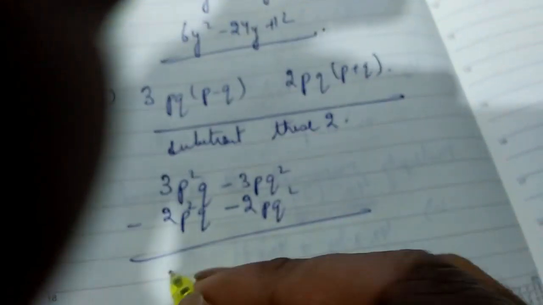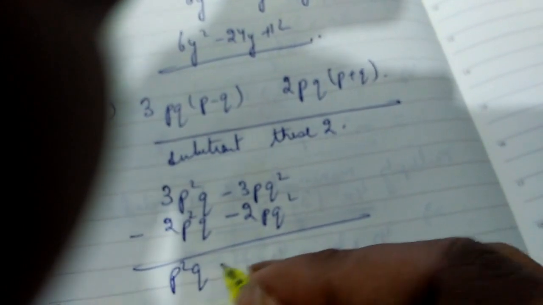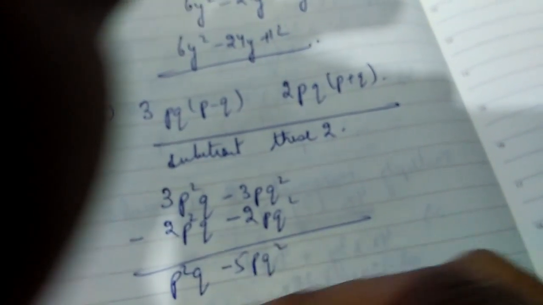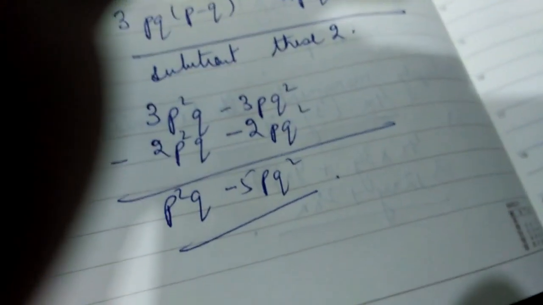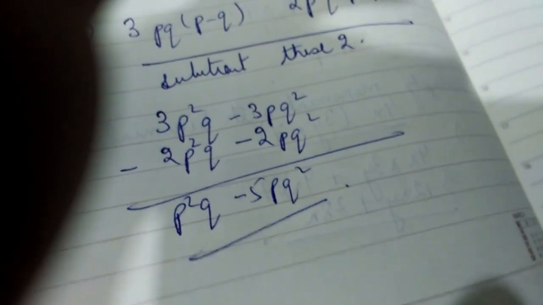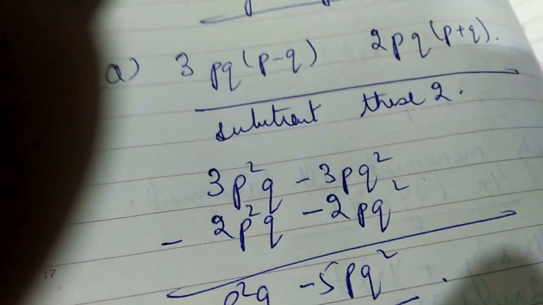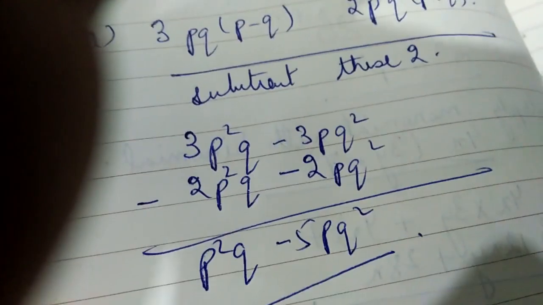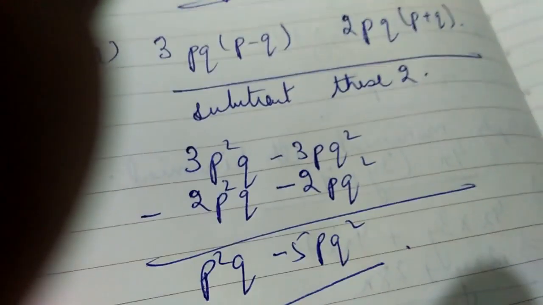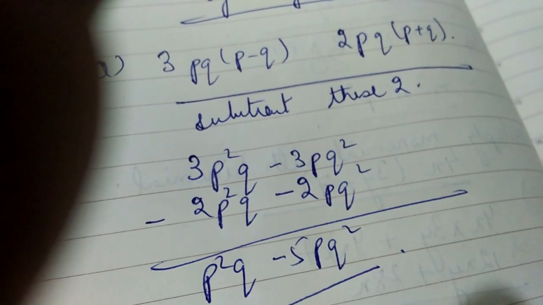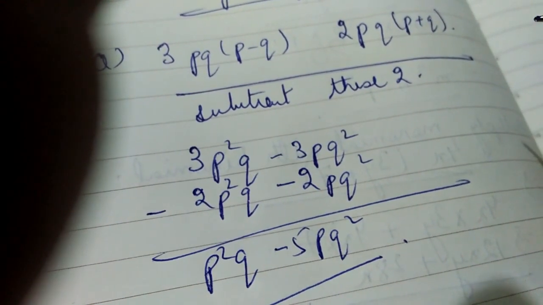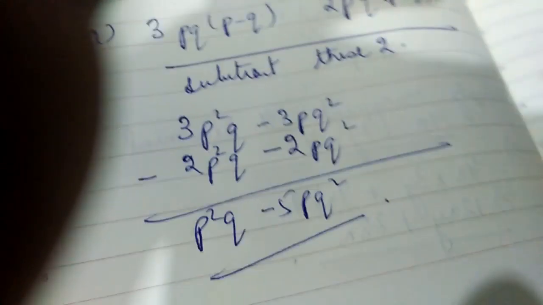So the answer will be p square q minus 5pq square. This should be simple enough, there's nothing so difficult in this. Note that we are subtracting the second expression from the first expression. So this is the answer.